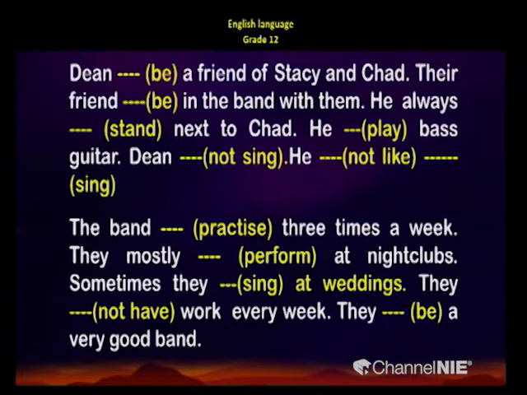Yes, Dean is a friend of Stacy and Chad. They are in the band with them. He always stands next to Chad. He plays bass guitar. Dean doesn't sing. Yes, Dean does not sing. He doesn't like, does not like to sing. Yes. The next paragraph.